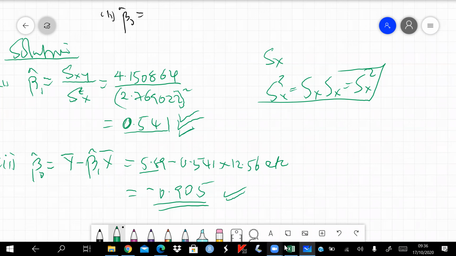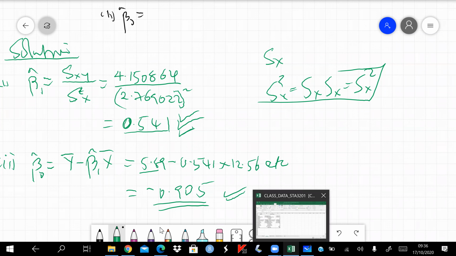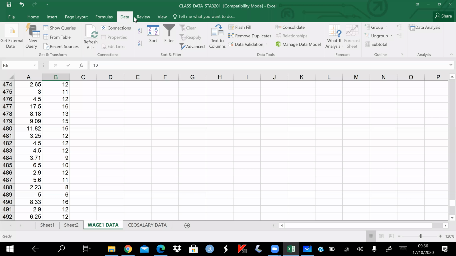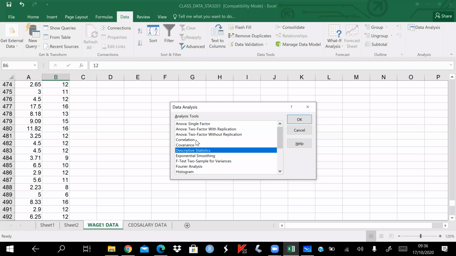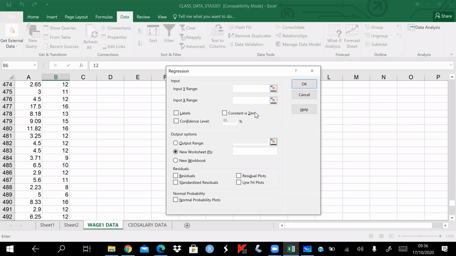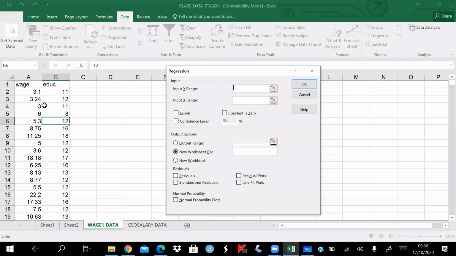So as you saw, the procedure is quite simple. You just need to come to your data here. You come to the data tab, you go to data analysis, regression, you choose regression, then you input the range of your y variable, and our y variable is which one? Wedge, isn't it? Wedge is our y variable. So you put the range, that is you capture all the cells.